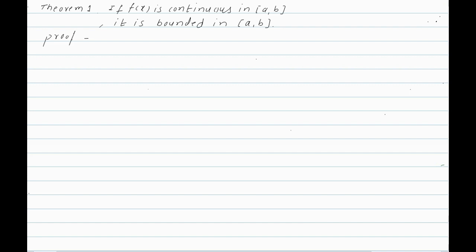So given that f of x is a continuous function in closed interval a comma b, therefore it is uniformly continuous in that interval.